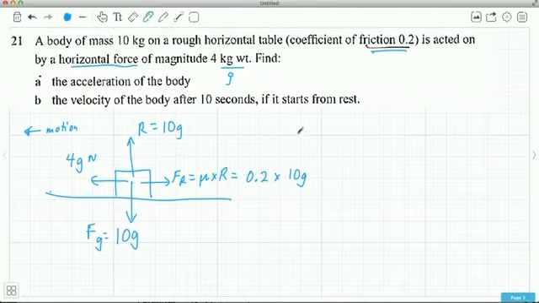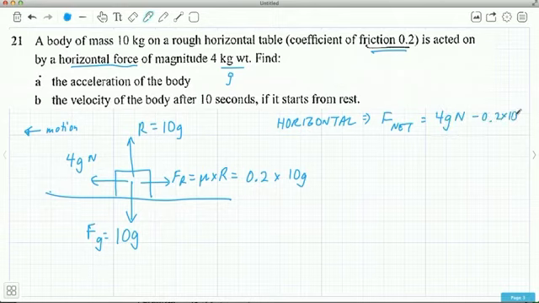So let's look at the things that are going on here. If we look at the horizontal action, so the horizontal forces, we've actually got a force F net, the net force. Let's say in the direction of motion, it's 4g newtons minus 0.2 times 10g newtons, which is 4g minus 2g, so it's 2g newtons overall in that direction.